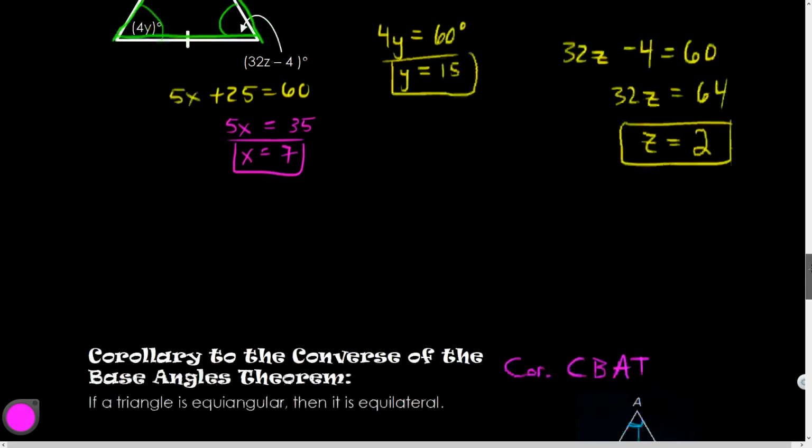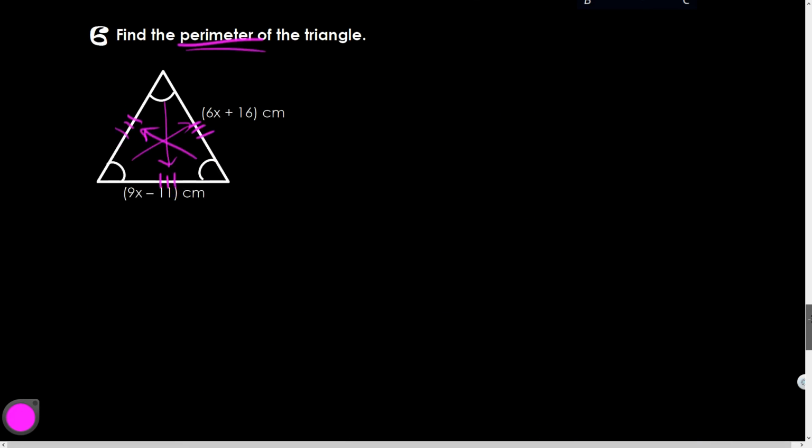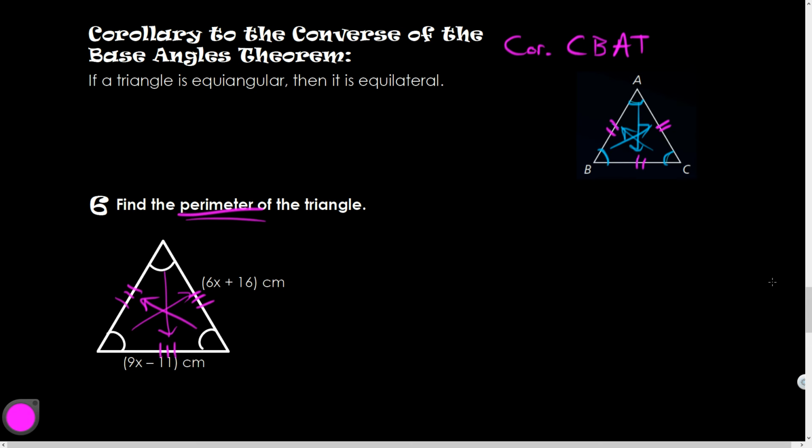Guys, did I only solve for x on a previous problem? No. Okay. I just realized this question was asking for more than that. That would have been embarrassing if I did this whole video and then at the end I never found the perimeter. Subtract 6x from both sides.